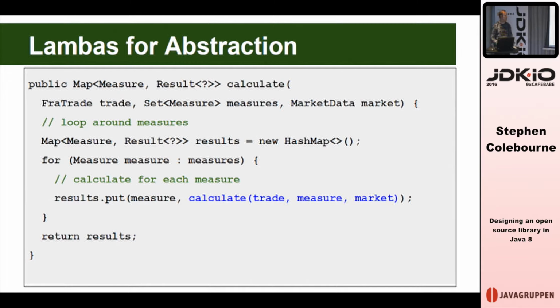So here's our code that we've got here. So we're calculating. We're passing in a trade that we want to calculate some things for. We're calculating the set of measures that we want to calculate and some market data. So what's the value of stuff out there in the financial markets? So we're going to loop around those measures and build up a hash map.